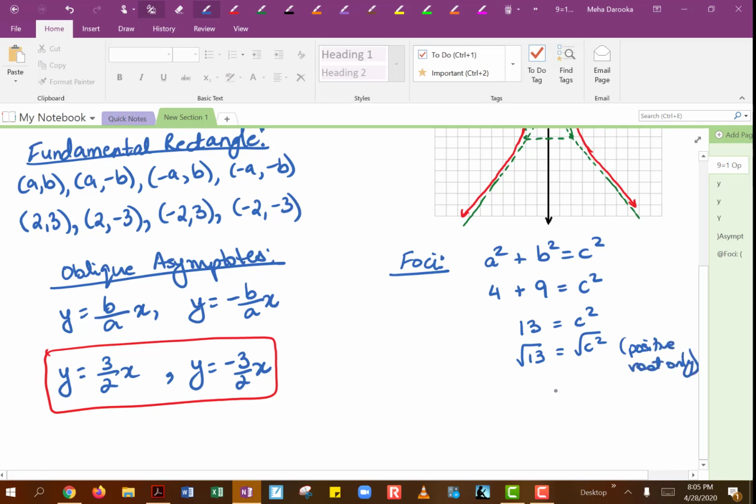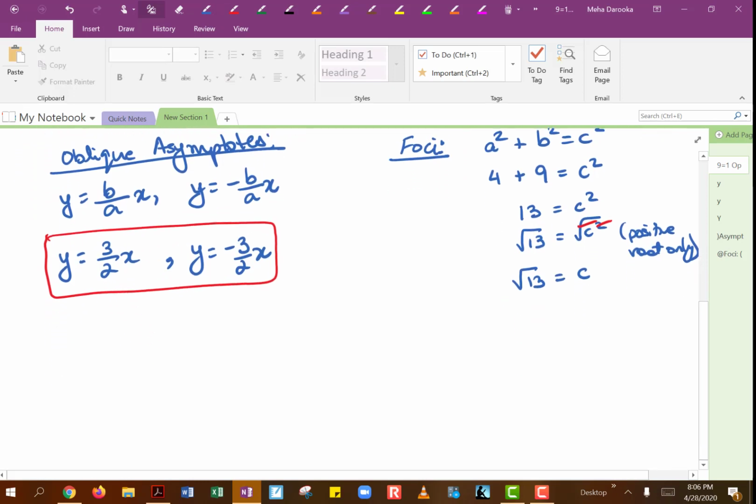So that will end up giving us c equals square root of 13. Now since this is a hyperbola opening left and right, our foci are going to be at square root of 13, 0, and negative square root of 13, 0. So these are the foci.